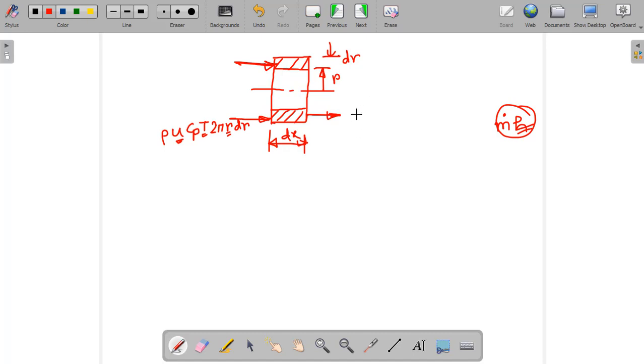So it is rho cp 2 pi, which comes out, and the remaining term is uTr plus del x of uTr into dx, into dr.